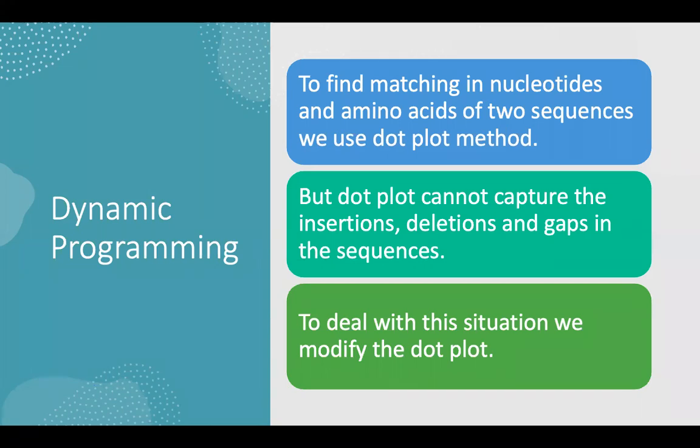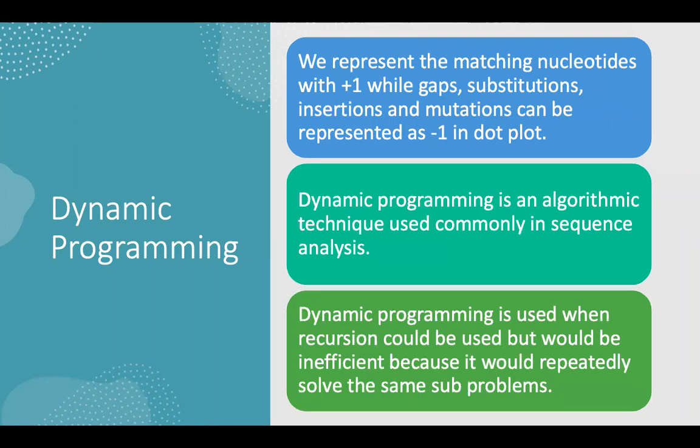To deal with this situation, we modify the dot plot methodology. We represent the matching nucleotides with +1, while gaps, substitutions, insertions and mutations can be represented as -1 in the dot plot. So this is one way of doing this.